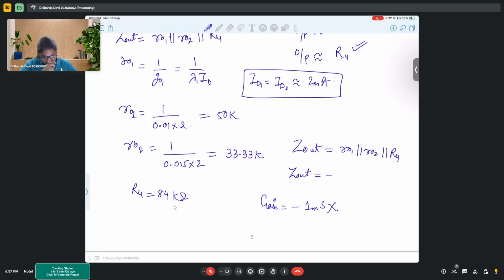Somewhere around 16.15K. Okay, so you can basically calculate it approximately. So approximately how much is it? 16.15.